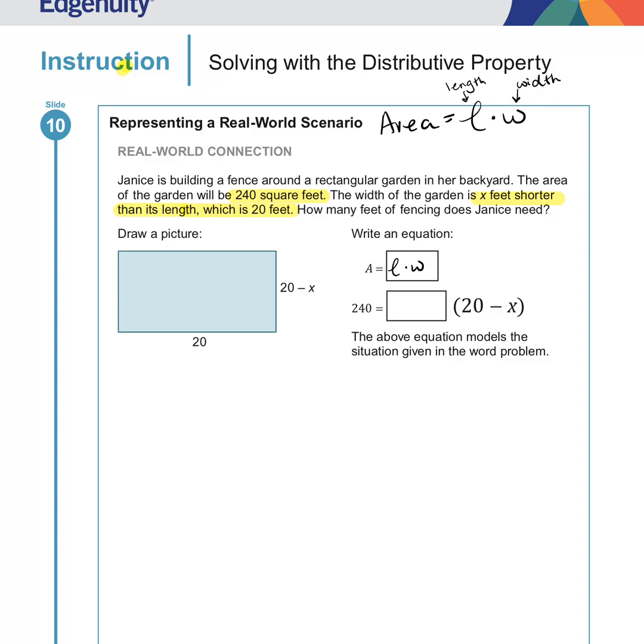Now it tells me my area is 240 square feet, so that's why the 240 is right on the outside. And then my length, which is 20 feet, you can see it in the picture there. It's nice and easy. And then I have my width, which is 20 minus x. That 20 comes from the length and however many feet short. The width of the garden is x feet shorter than its length.